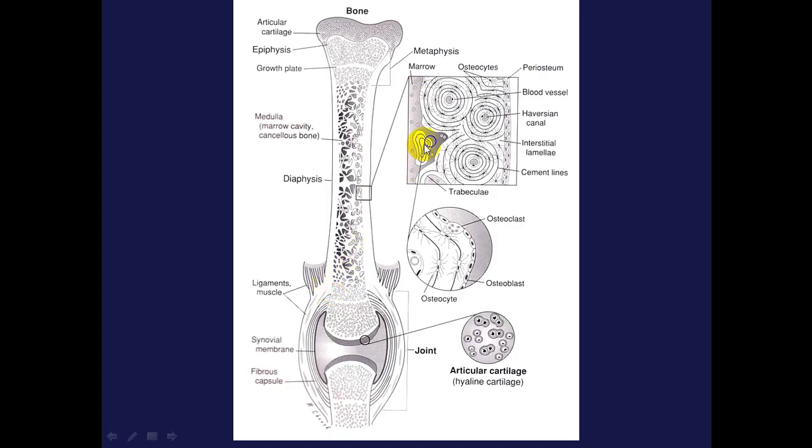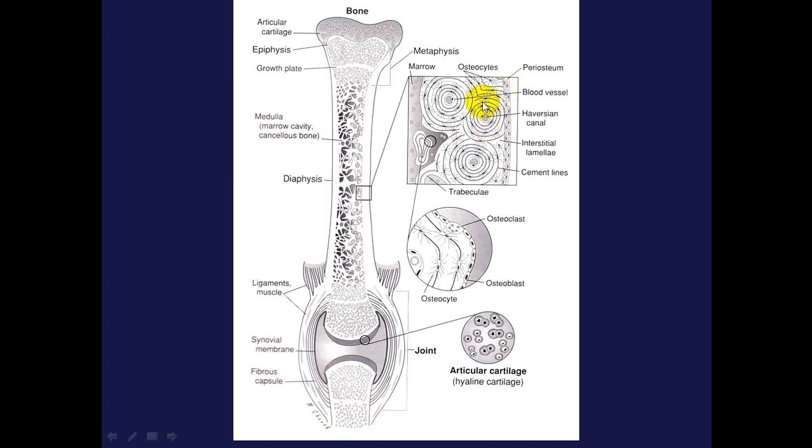And then if we make a transverse cutting of the bone, we will see a lot of canals. These canals are small tunnels. We call them Haversian canals, and they also contain some blood vessels. The bone is also surrounded by a quite thick layer of fibrous tissue that we call periosteum.